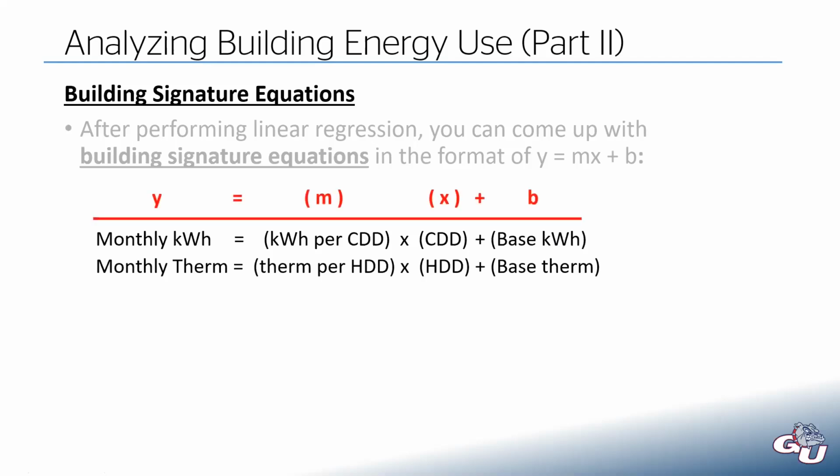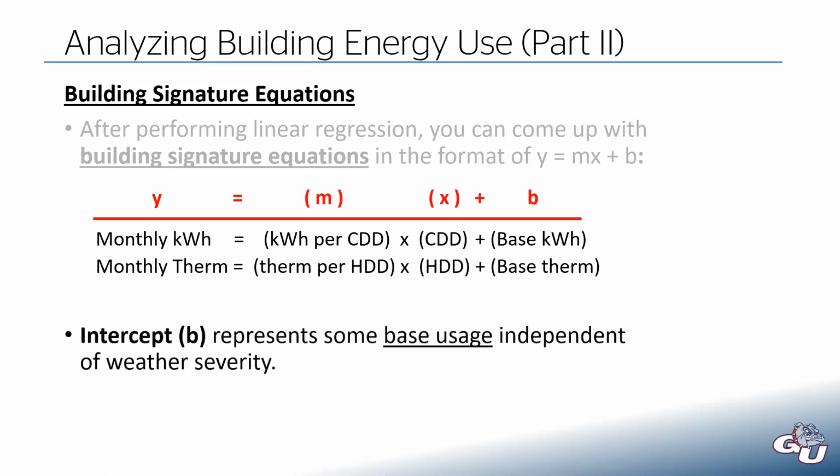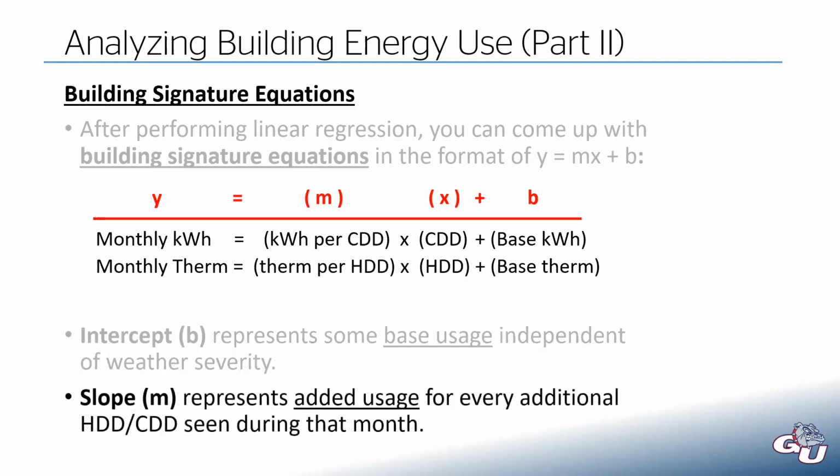Really, both of these equations follow that general y equals mx plus b format. So you have your slope, your variable, and your intercept. That intercept b term is some base usage that they're going to use every single month, regardless of how cold or warm that month was. And then that slope value represents some added use based on how severe the weather was.